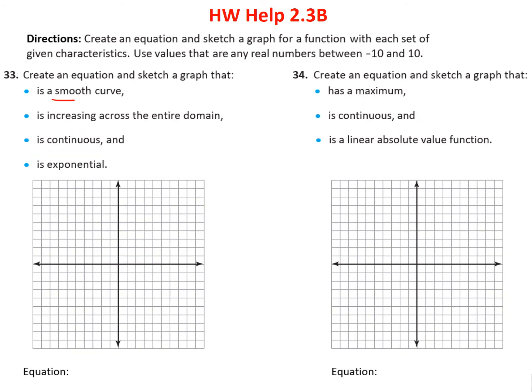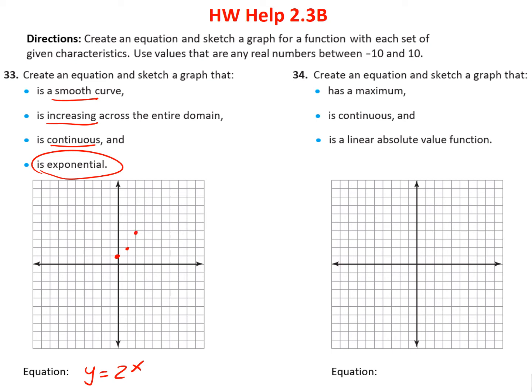33 says it has a smooth curve. It's increasing across the entire domain. It's continuous. And key thing, it's exponential. So I'll give you a sample here. This is a very simple one. Y equals 2 to the x. When x is 0, anything with the 0 power is 1. So it goes through there. When x is 1, 2 to the 1 is going to be 2. But now we get 2 squared, it's going to go up to 4.